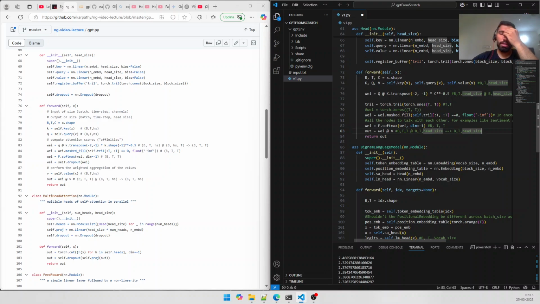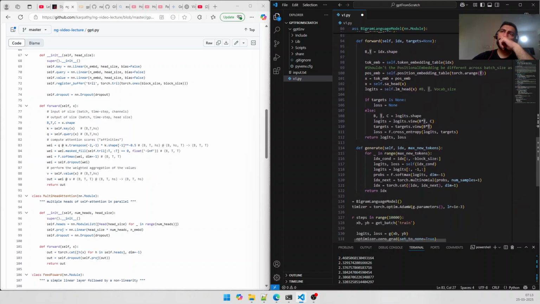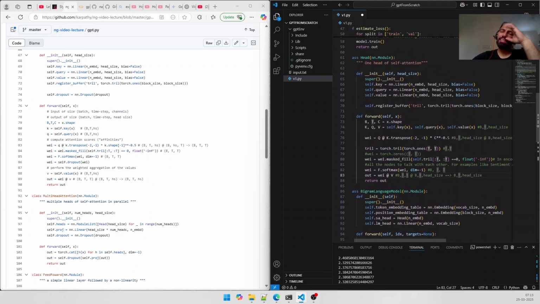but for every token we have a head size that encapsulates the information of its correlation with the other elements in there.